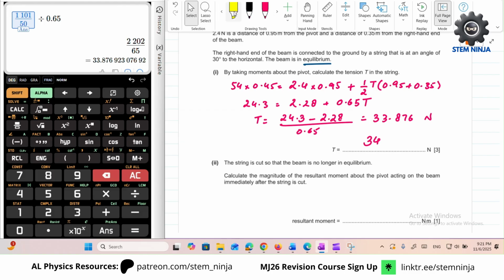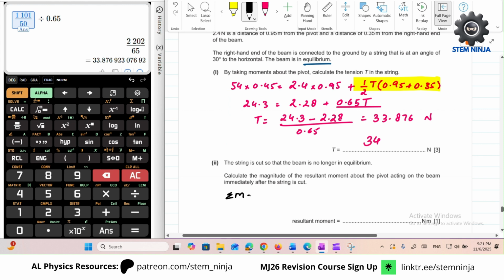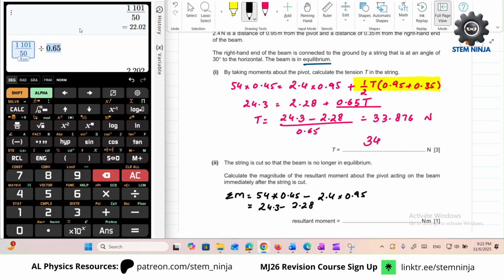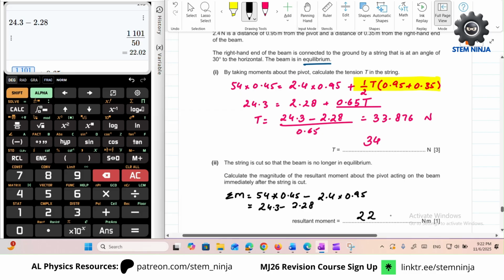So remember, if you just forget about the string, the difference between them is going to be 54 times 0.45 minus 2.4 times 0.95. This is 24.3 minus 2.28, so that was 22.02, or roughly 22 newton meters.